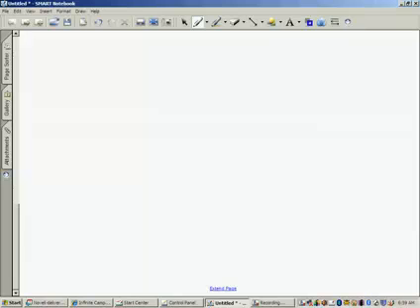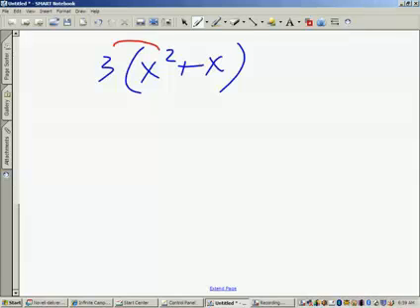All right, so let's talk about distribution first before I get right to the heart of the lecture here. If I have 3, parentheses, x squared plus x, close parentheses, and I distribute that 3 to both and multiply that through, then I have 3x squared plus 3x. I can even ramp it up.